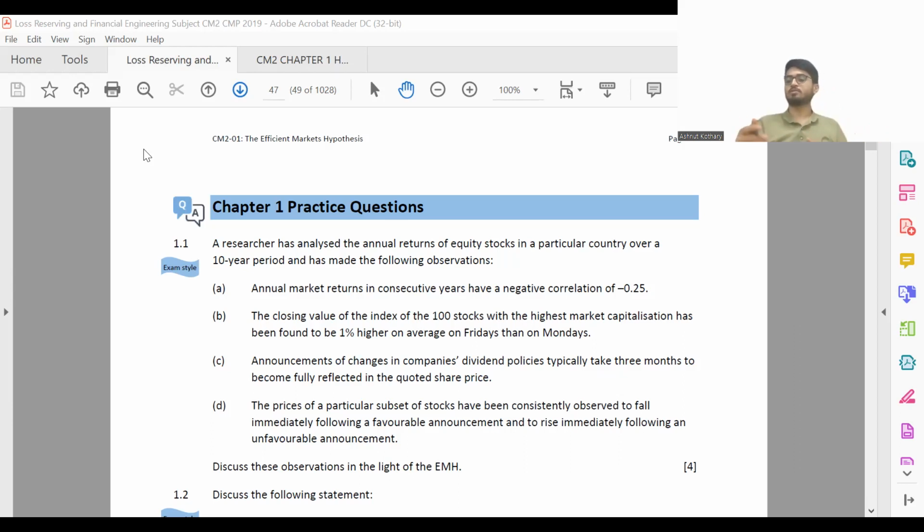As soon as the favorable news comes in, I start selling my shares. So let's say the share price becomes 260. So from 200 to 260, I have made my profit over there. But the point is that it went from 300 to 260. It means that 300 was not the correct price at that point of time. Now you know how to express your answers, which is quite important in this chapter.